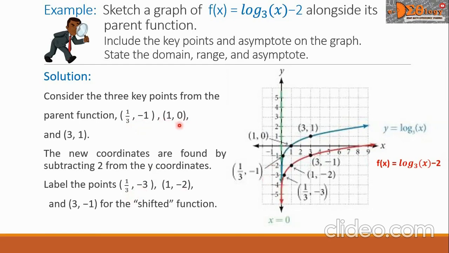For the point 1, 0, we have now 1, negative 2. This is the point. For the point 3, 1, it becomes 3, negative 1. This is the point. The three new points are the points for the shifted function.